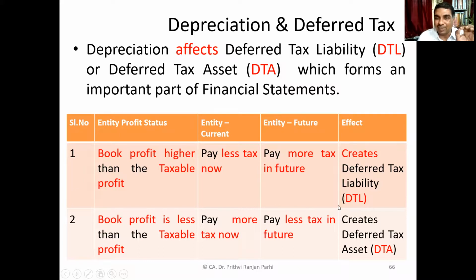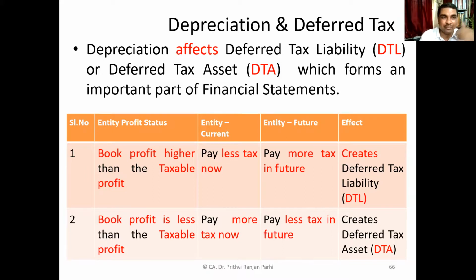By doing this, you are liable to pay more tax in future. You are creating a liability which is called the deferred tax liability. That means you are deferring your tax liability for a certain period. This is how high depreciation will lead to creation of deferred tax liability.